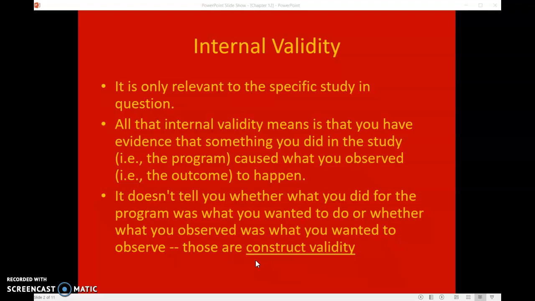For example, for measuring the construct belonging, whether or not the survey that we use actually measures the idea of belonging accurately.